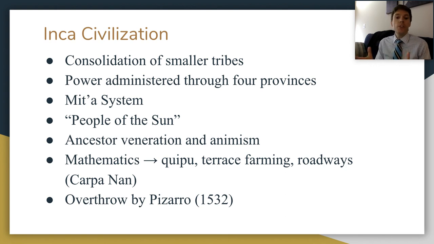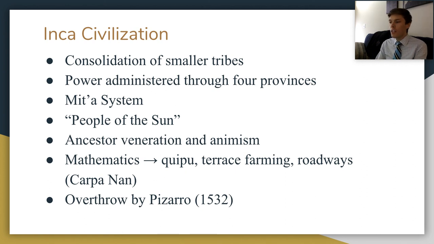So this could be something like large geographical features, like a river or a mountain peak, or it could be something as small as a stone or a plant, or it could even be a built object like a bridge. So really changes the way that the Inca form relationships with and impact their environment.